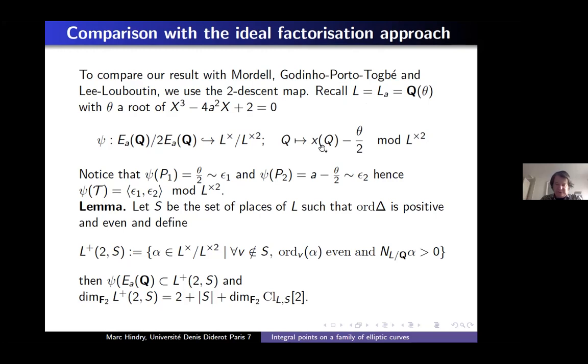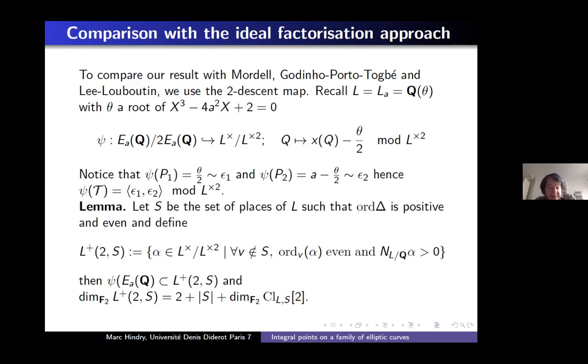The map is very simple to define. To a point Q, we associate the x coordinate of Q minus theta over 2, modulo squares, because we want to land in this small group. So it is well defined because theta is irrational, so this x_Q minus theta over 2 is never 0.